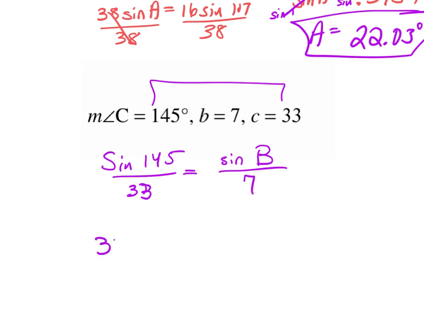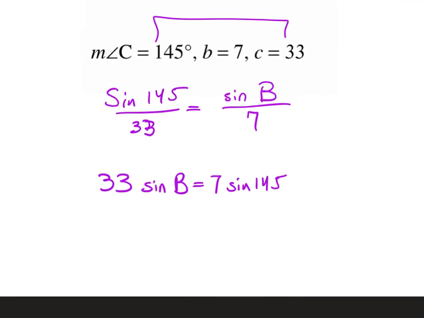We're going to cross multiply. So 33 times the sine of B equals 7 times the sine of 145. I need to get sine B all by itself, so I'm going to divide both sides by 33. And I get that the sine of B equals 7 times the sine of 145 divided by 33. I got 0.1217.